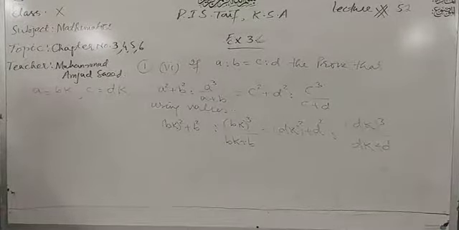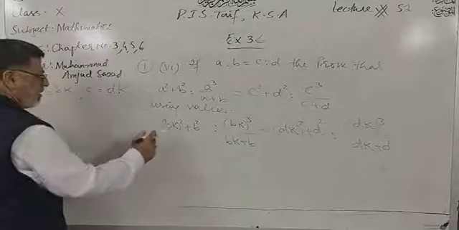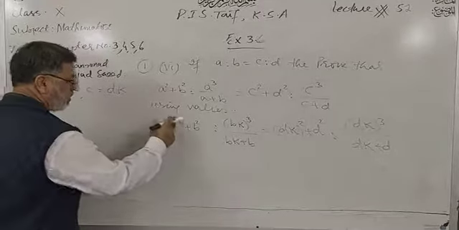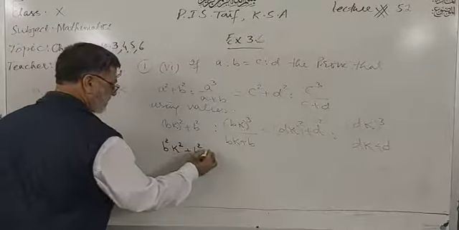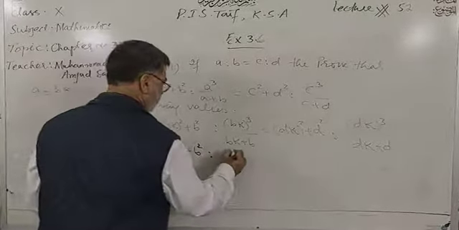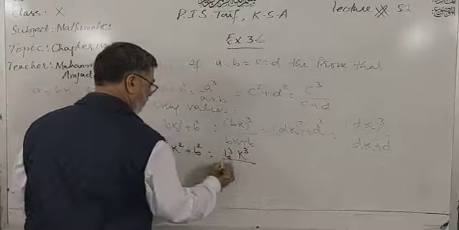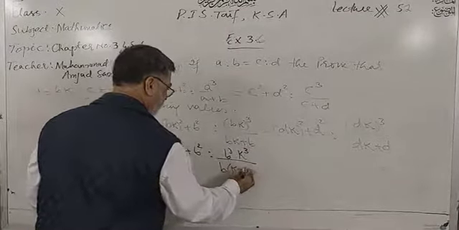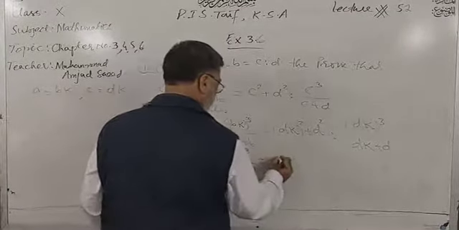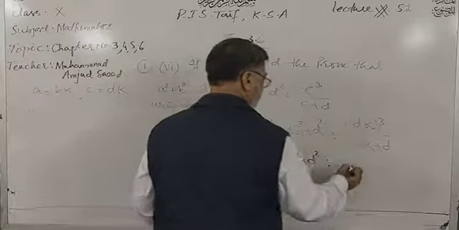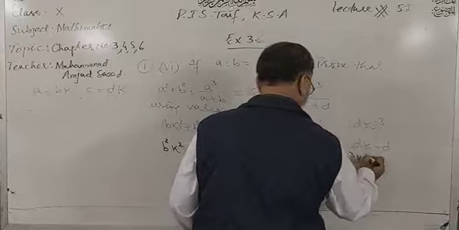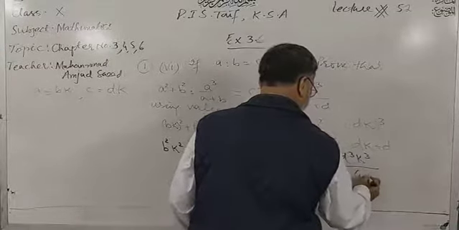Now we can open up this square, so distribute this square on both. b square k square plus b square ratio b cube k cube over b common, k plus 1, is equal to d square k square plus d square ratio d cube k cube over d common, k plus 1.